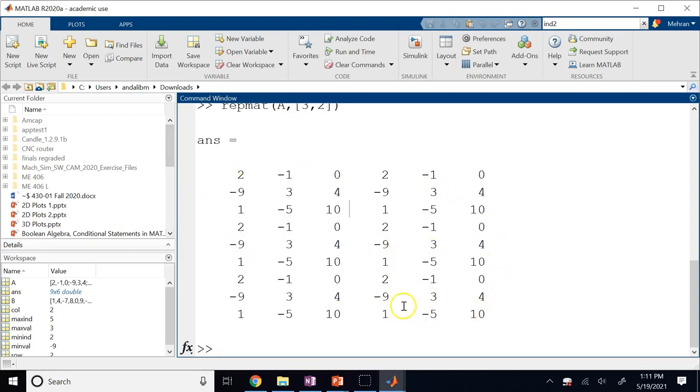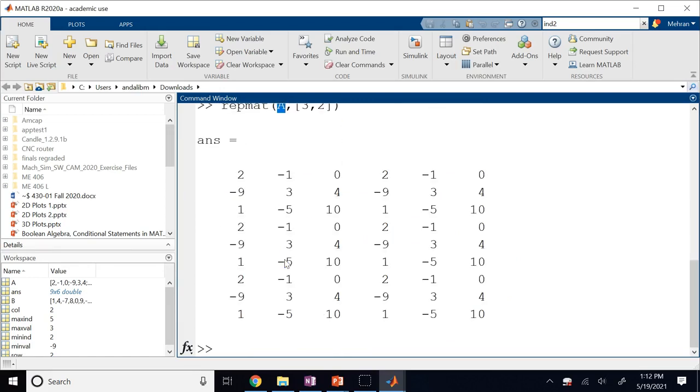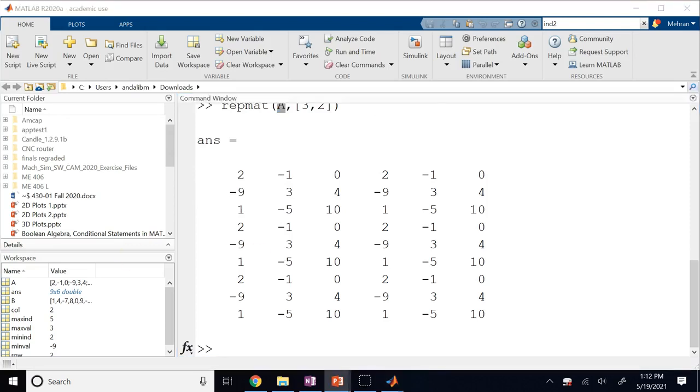It's a 3x2 version where each entry of that is A. So here you can repeat a matrix along a specific direction and pattern and get your matrix repeated. Use this guy a lot, so we'll talk about that later.